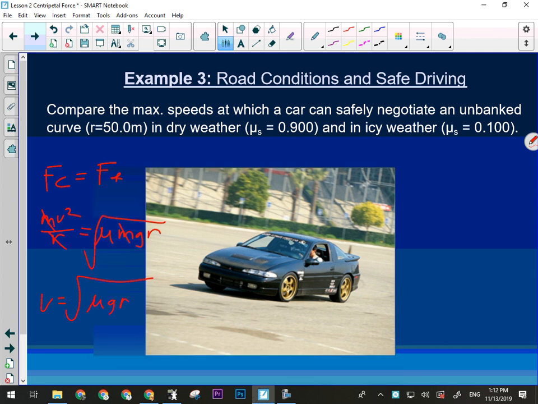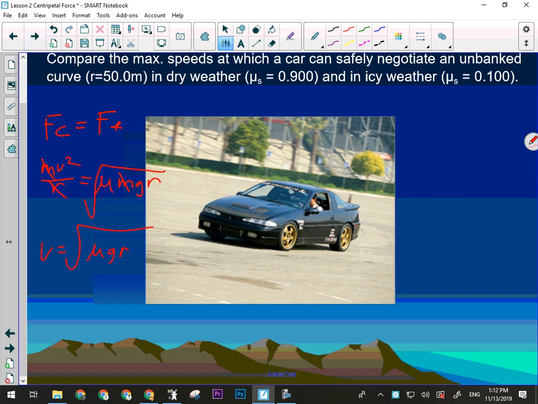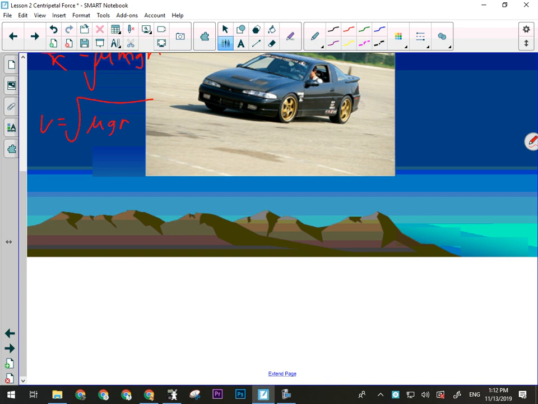mu g r. You'd be surprised how often the square root of mu g r is actually the formula. If I've got that formula, then I can calculate v.